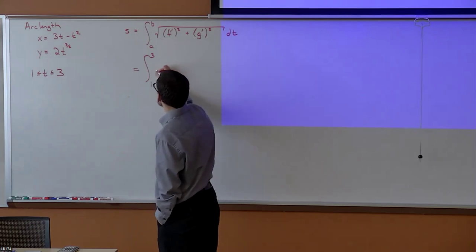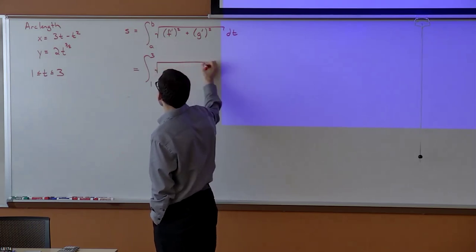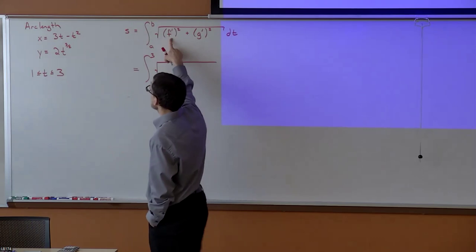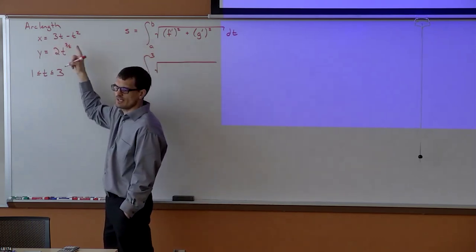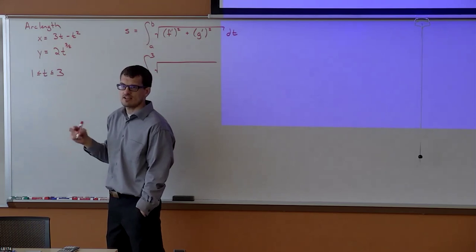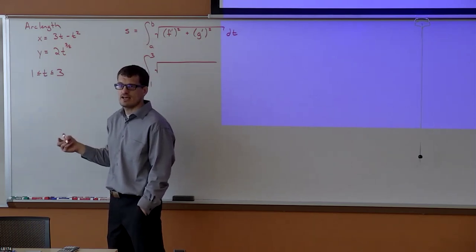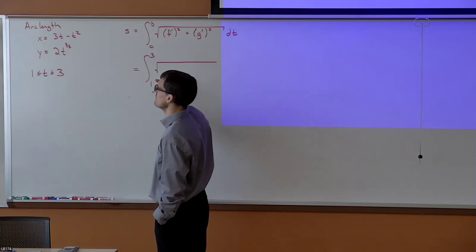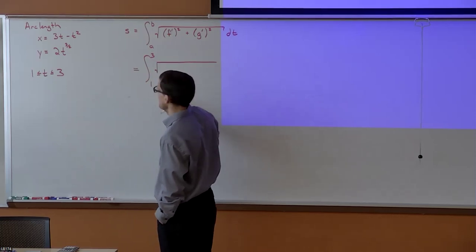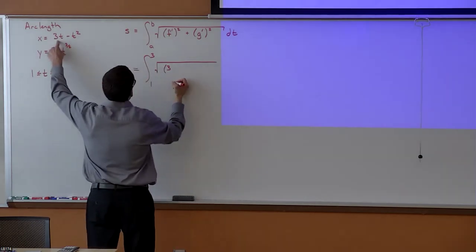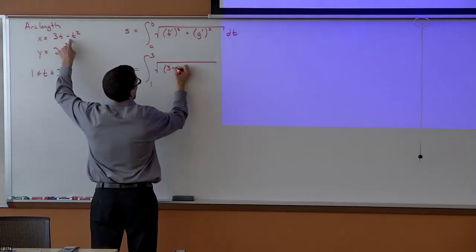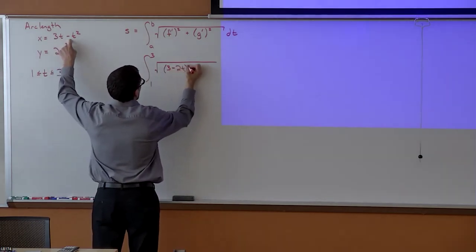F prime, F corresponds to the function in the x. So again, if you'd rather think of this as x prime, you can do that. Or derivative of x with respect to t, you can do that as well. That's going to be the derivative here, 3 minus 2t.